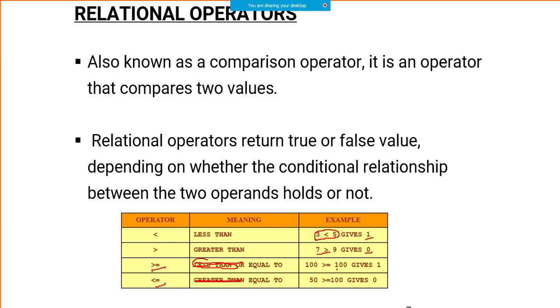So 100 greater than or equal to 100, ये दोनों में से एक तो सही है ना, equal to तो है ना, तो 1 आएगा. 50 greater than or equal to 100, 50 बड़ा भी नहीं है, equal भी नहीं है 100 से, that means it is false. ये दोनों गलत हुए, so answer is going to be 0, right? So that's how it works.